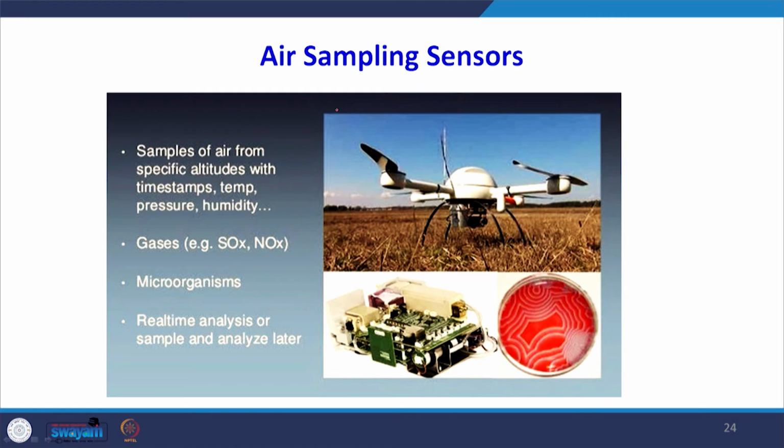The air sampling sensor will collect data about SOx or NOx, and you can get the pollution level present in the atmosphere. Similarly, if you want pressure data, humidity data, or temperature data, all that information can be obtained by fitting those sensors in the system.